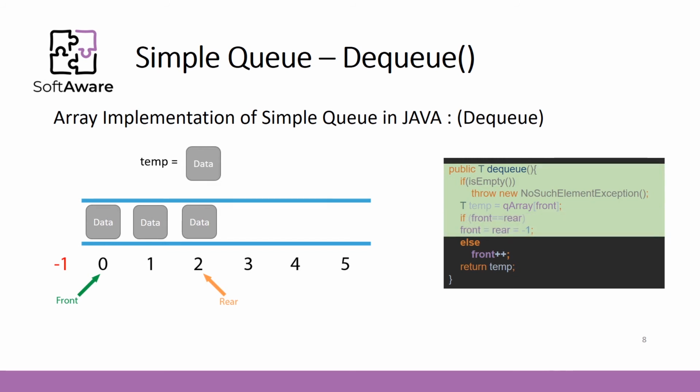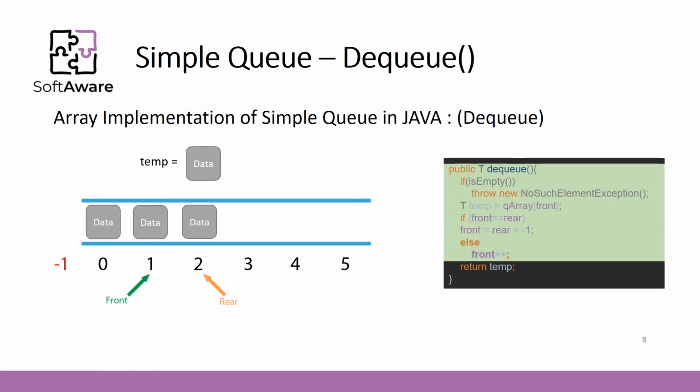We check if front is equal to rear. This check is performed to know if we only have one element in the array. In this case, it's not, so we proceed further. We increment the front by 1, as it should now point to the next index since we are dequeuing an element from the array. And finally, we return the data element that is going to be dequeued.